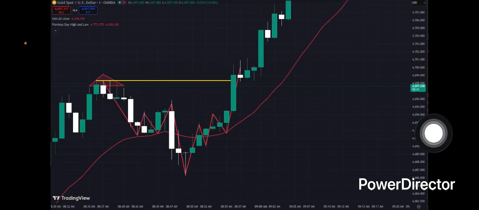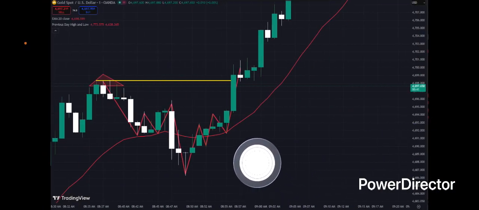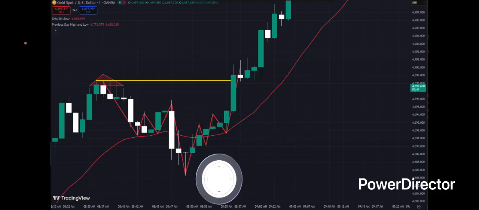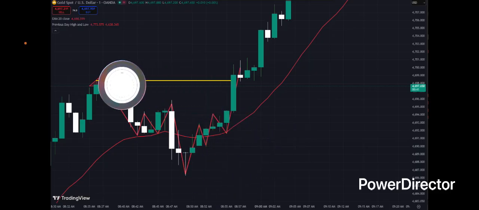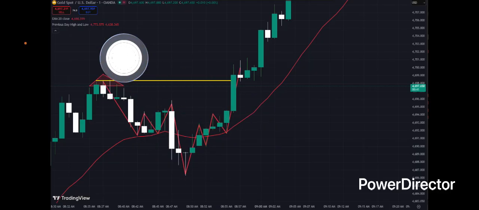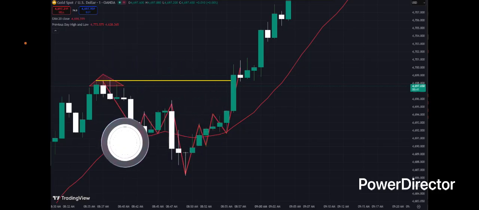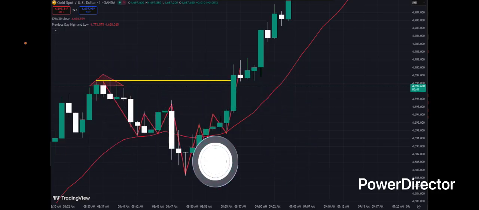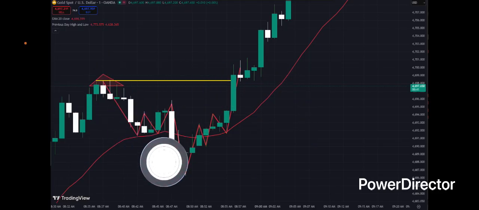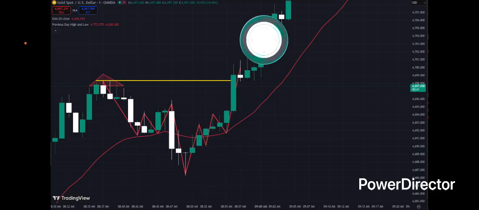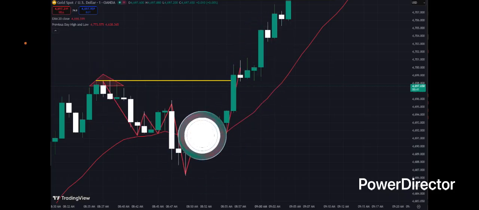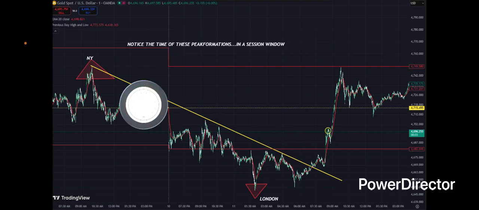And then when we zoom in, you can see the times down here, all right? This one was a little bit earlier, before the 9:30 open, but this is gold, so this can start moving 8:30, 9, a little bit earlier. But you can see we have this micro dump and pump template going into the session, right?